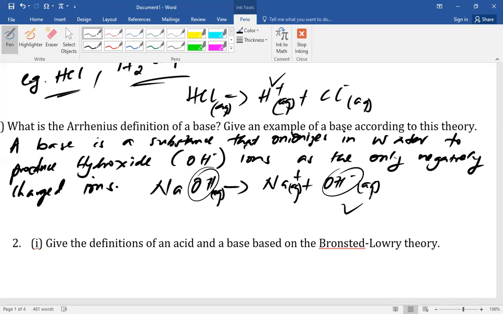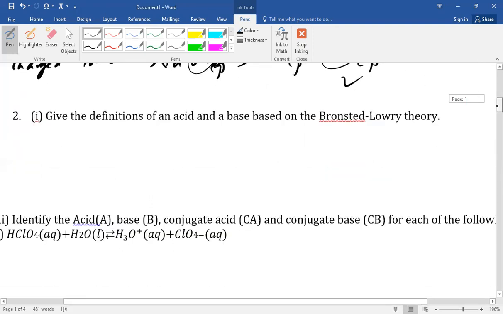Now we go to the Bronsted definition of an acid and the base. So the Bronsted definition of an acid and base is a concept of conjugate acid to base pairs.